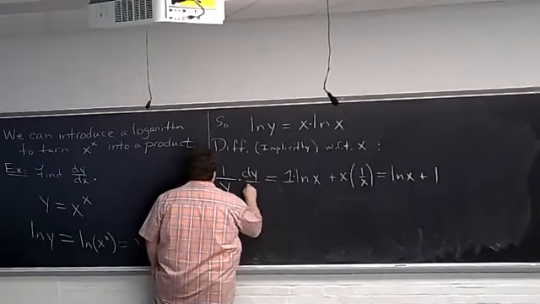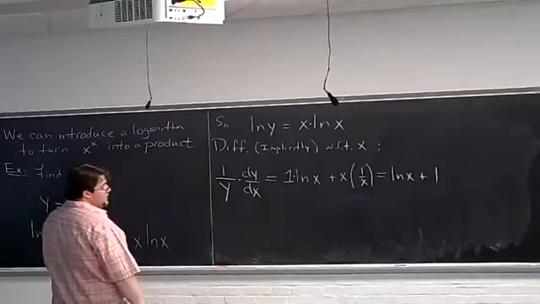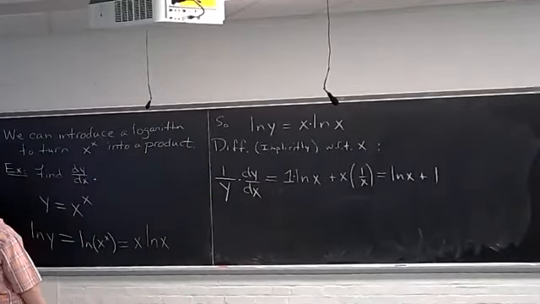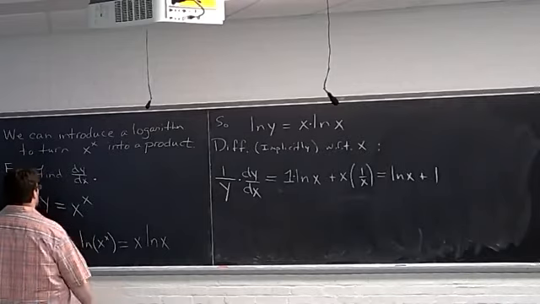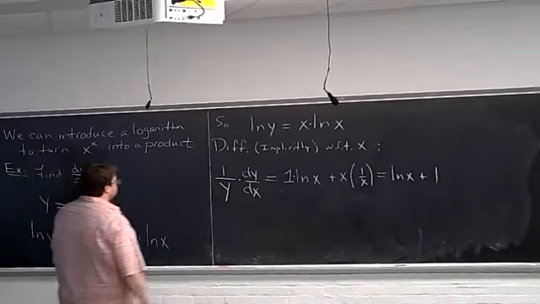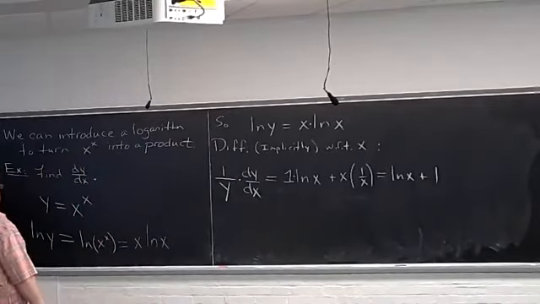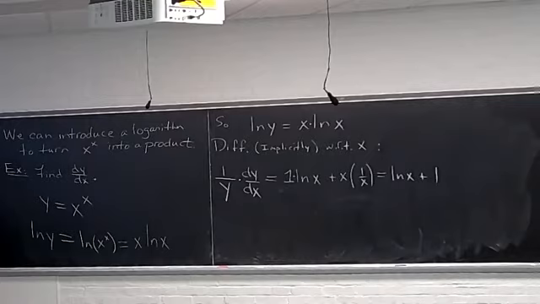So we have 1 over y, dy/dx on the left. That dy/dx shows up by the chain rule, equals log x plus 1. Any questions about getting that equation?